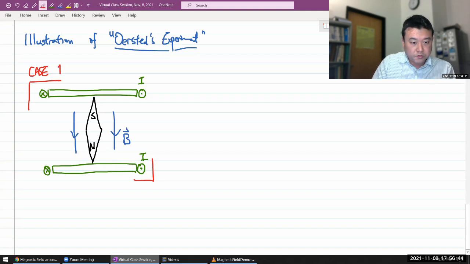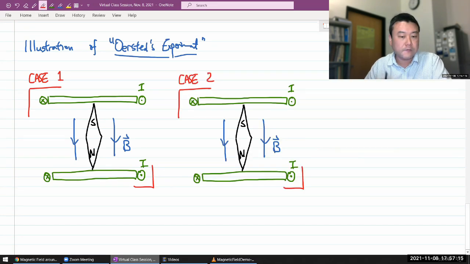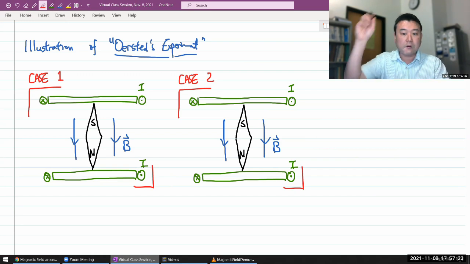Let me draw the picture for case 2, because it's quite similar yet different. We reverse the direction of current. As we are looking at it, instead of going counterclockwise, the current was going clockwise.